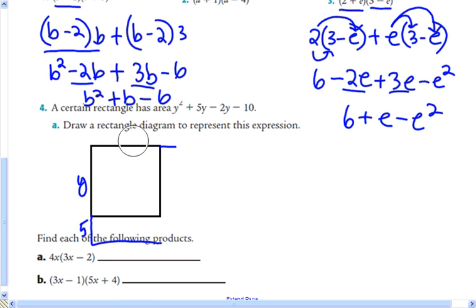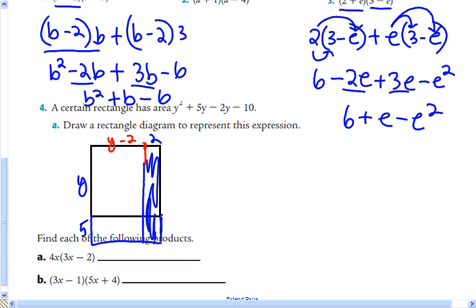And that should have been y there. So now this space right here is 5 times y. Okay, now we need to subtract 2y. So on this part of the expression, I'm going to go back and cut off this much space, and that's 2. So now the top, you'll notice this part from here to right here is y minus 2.